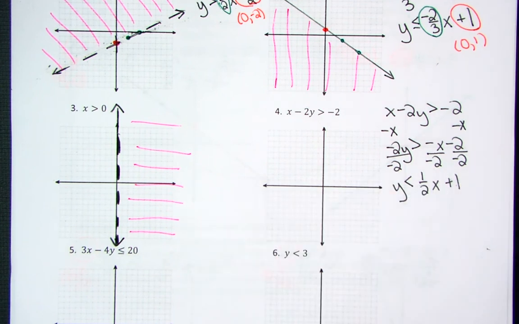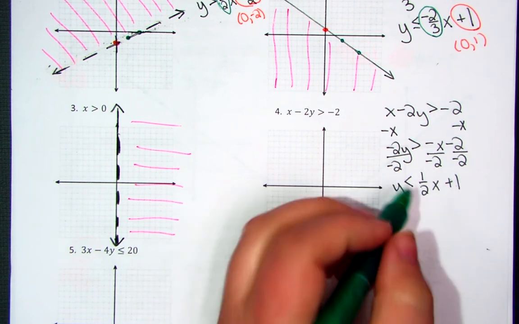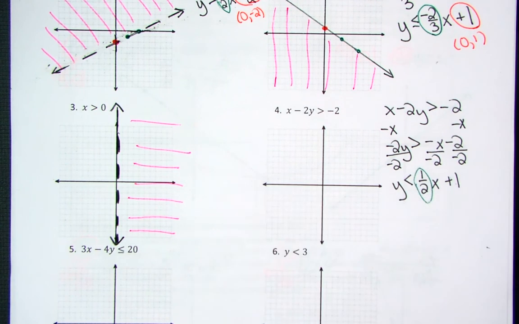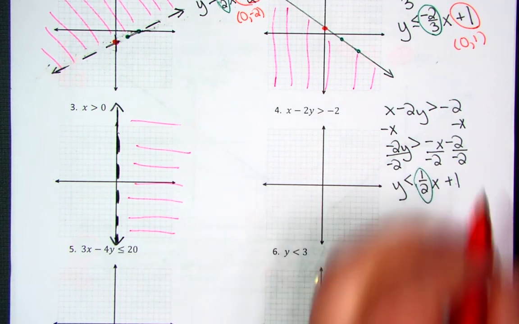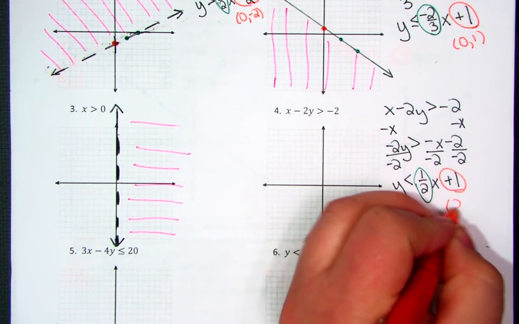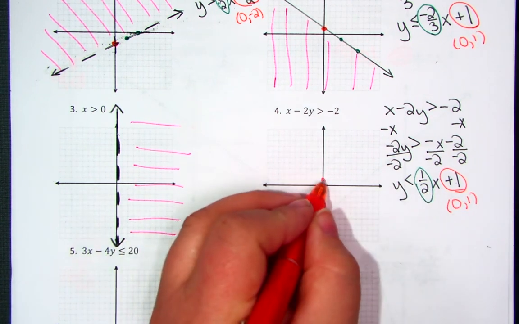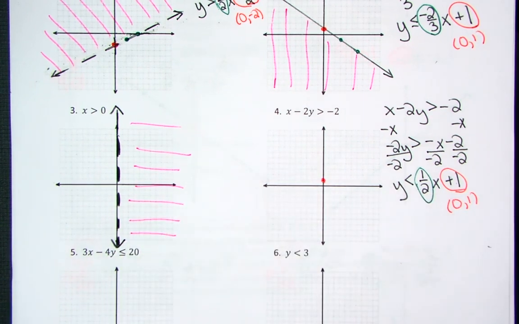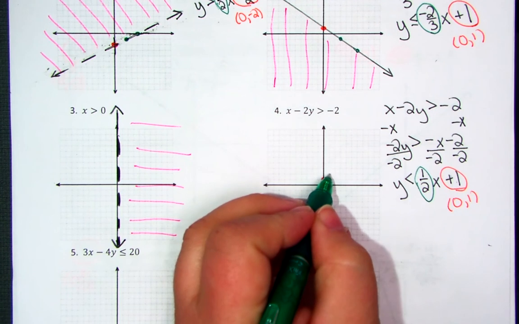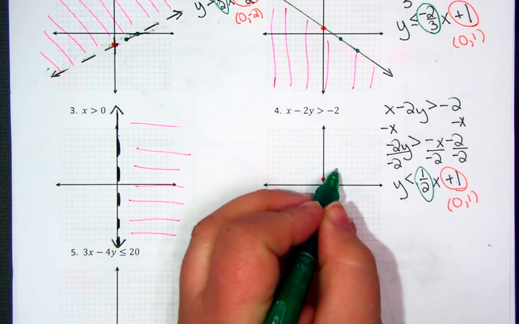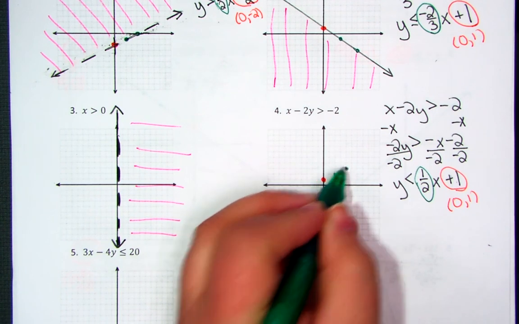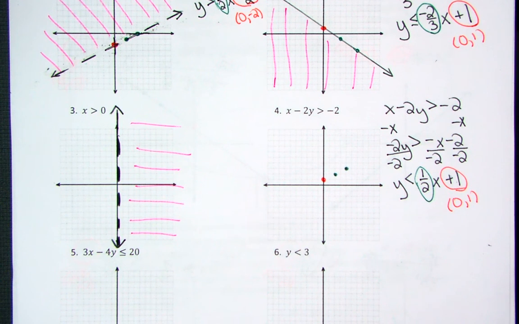The slope is 1/2. The y-intercept is 0, 1. So that's where we're going to begin. 0, 1, put a dot. Up 1, right 2. We have a less than symbol without an equal to.